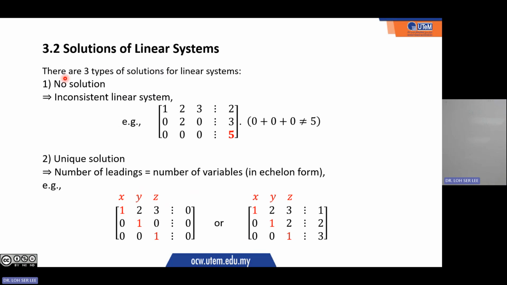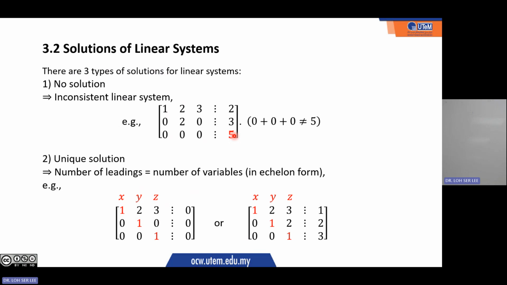Now we look at no solution. Under what situation does a linear system give no solution? If you look at this one after we row reduce, we get this. This is in REF, row echelon form. If you look at the last row, let's say this is x1, x2, x3. When you form the equation from the last row, you have 0x1 plus 0x2 plus 0x3, which is 0 on the left, but you have a non-zero on the right.